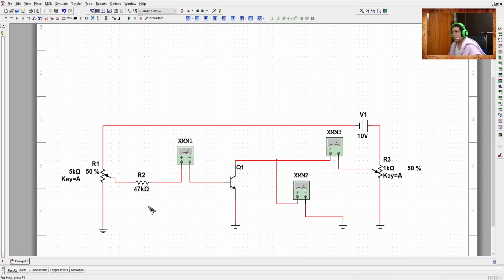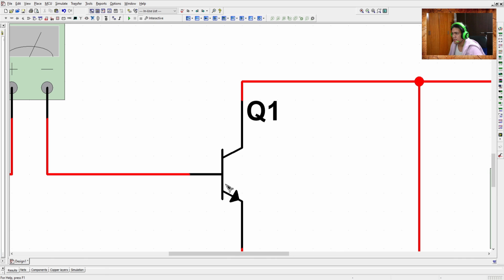Here is an example of a circuit where there is an application of a BJT transistor. This is the circuit we used on our Experiment 6 vlog. As you can see, there are three resistors with one power source, 10 volts. And this is the BJT transistor.